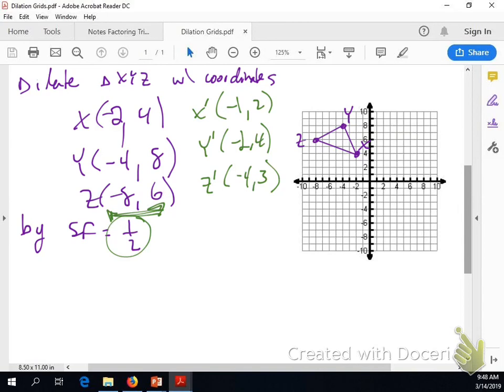Okay, so our new coordinates are at -1, 2 for X prime, -2, 4 for Y prime, and -4, 3 for Z prime. And what I wanted you to see out of this was when the center of dilation is not also the center of our figure, yes, it will make it smaller, but it also took our image and got it a lot closer.